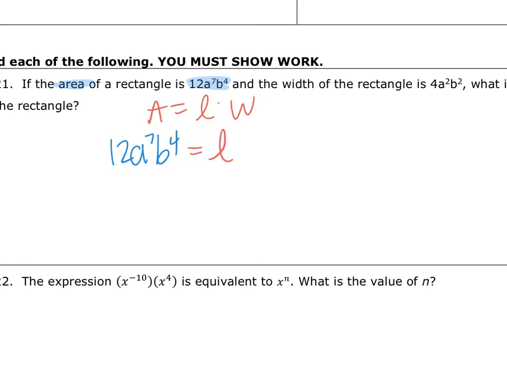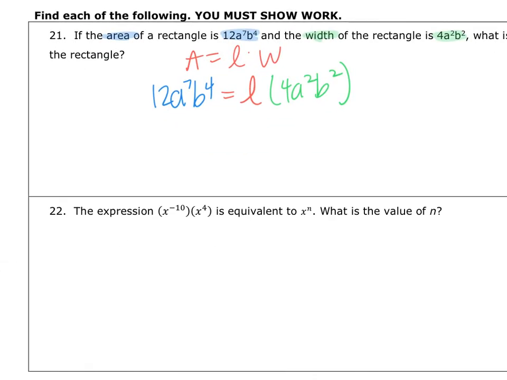They ask me for the length, and the width is 4A^2B^2. So I'm trying to solve for L. These are being multiplied. So I'm going to divide both sides by 4A^2B^2.